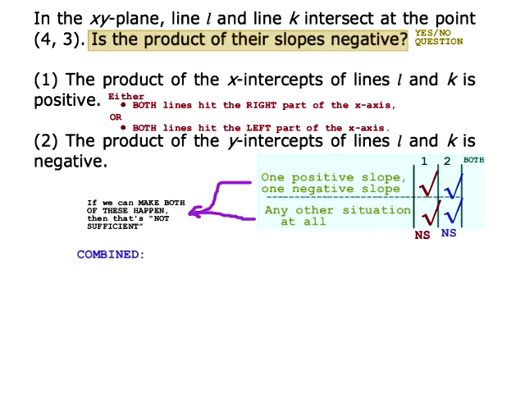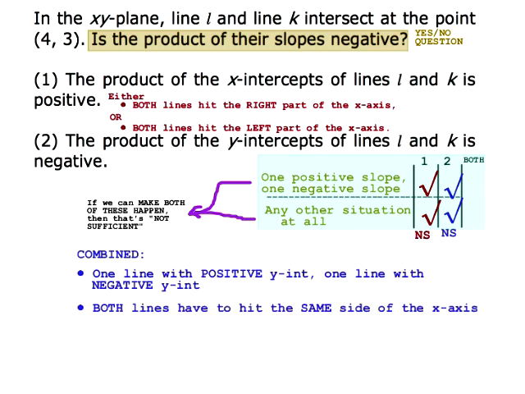To combine the two statements, remember that you have to have one line with positive y-intercept, one line with negative y-intercept, and then both of them have to hit the same side of the x-axis.